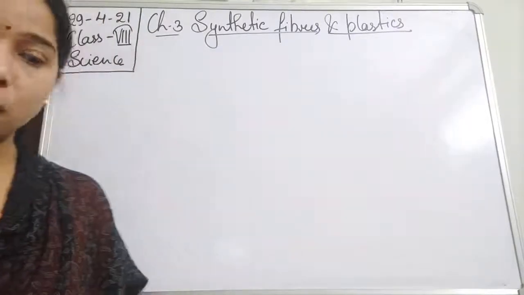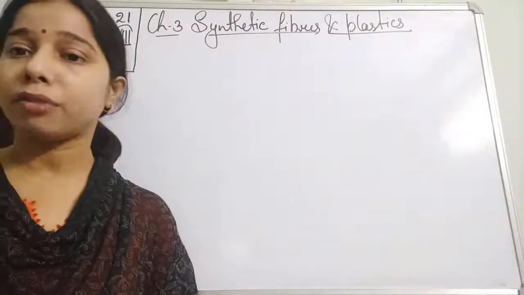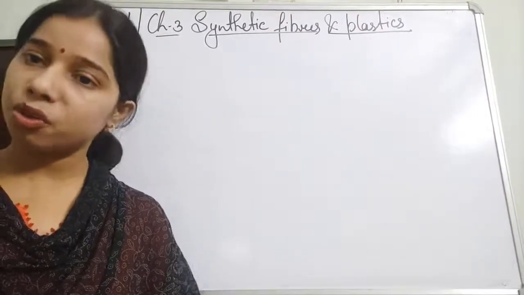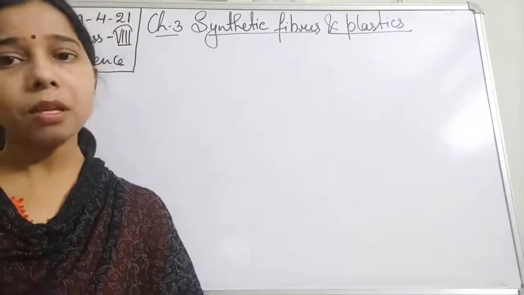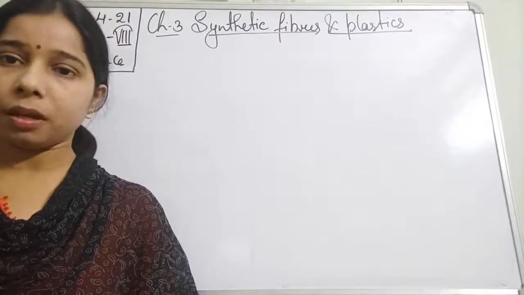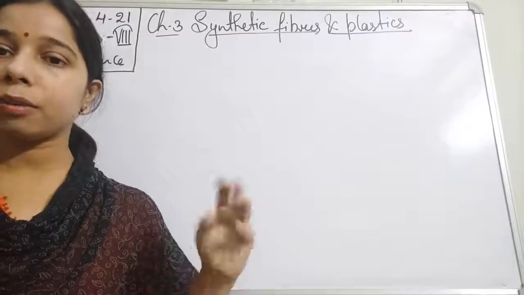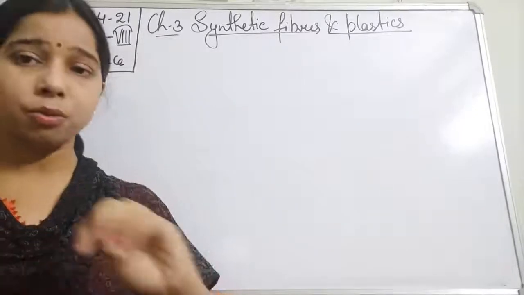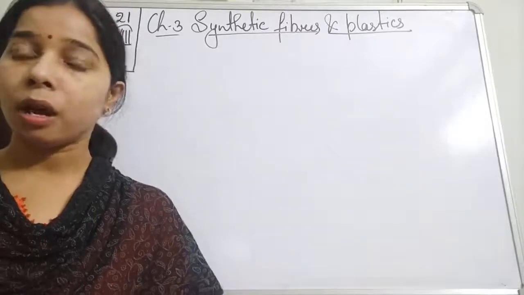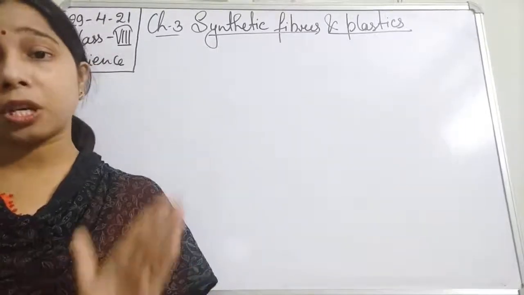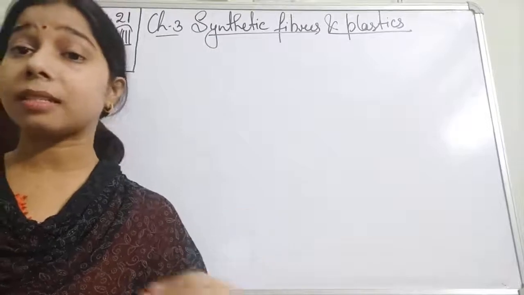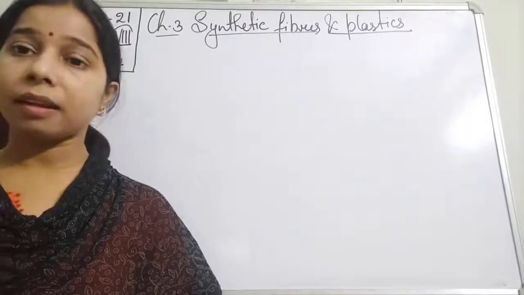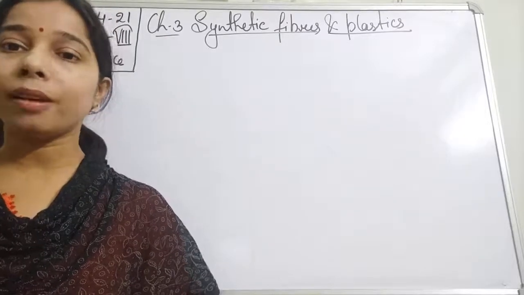It means once you have provided shape to it, after cooling it will not change its shape. We take the molten thermosetting plastic, provide shape, and leave it to cool. Then if you want to change the shape of that particular thermosetting plastic again, we cannot do that. So we can say that it cannot be molded again and again.